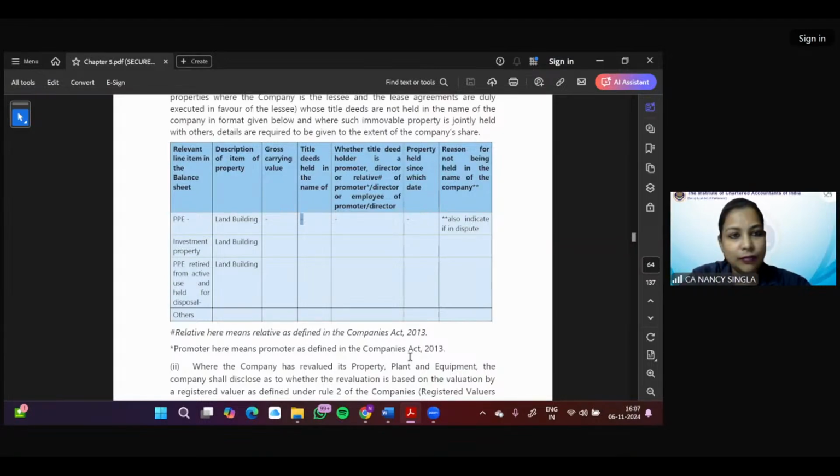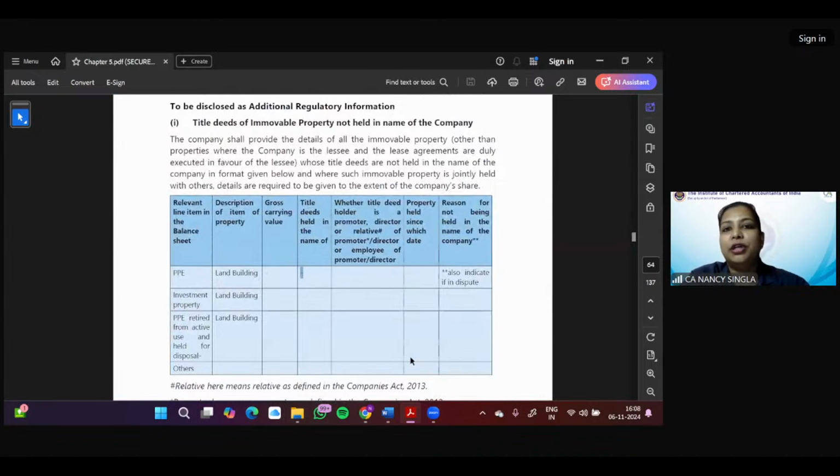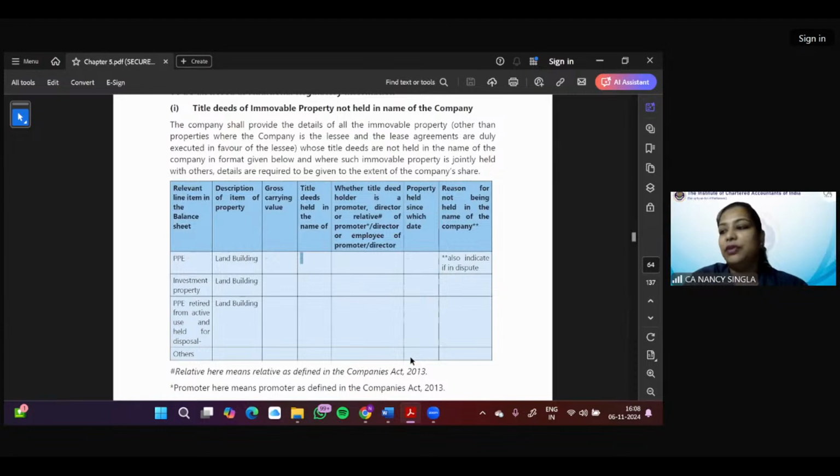Simple. Is it clear? You can always get a 4-mark question on what the disclosure requirements are as additional regulatory information with respect to the immovable property, title deeds of which are not held in the name of the company. So you will have to write this. Is it clear?